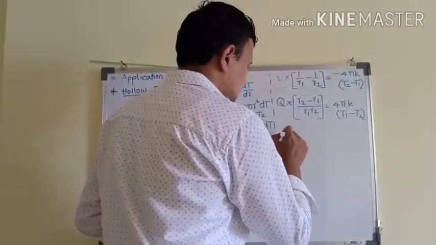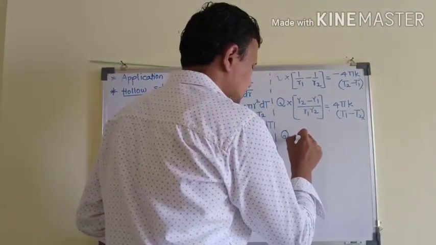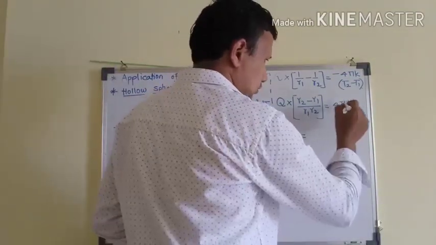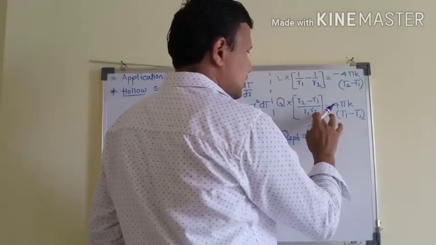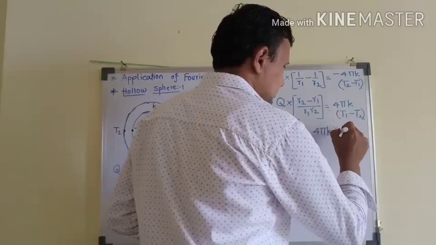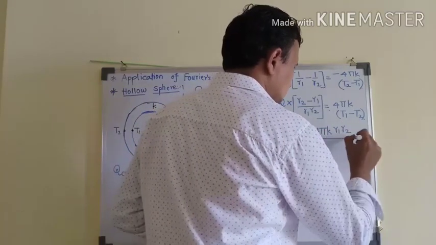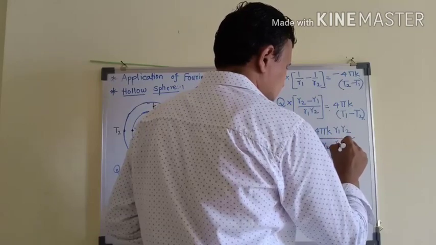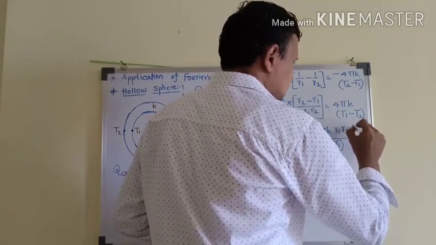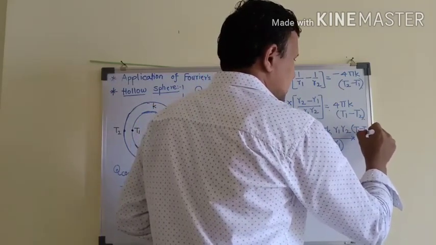So the heat transfer from the sphere is equal to 4 pi k r1 r2 divided by r2 minus r1, multiplied by T1 minus T2.